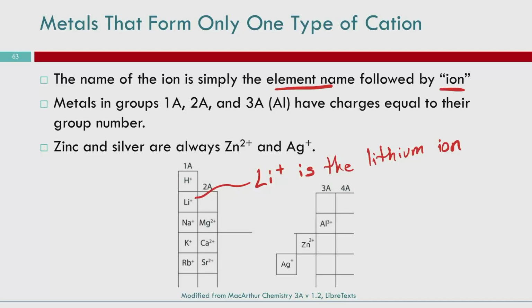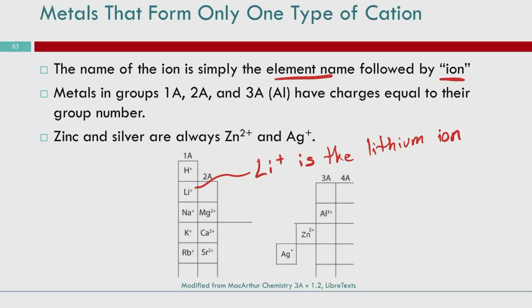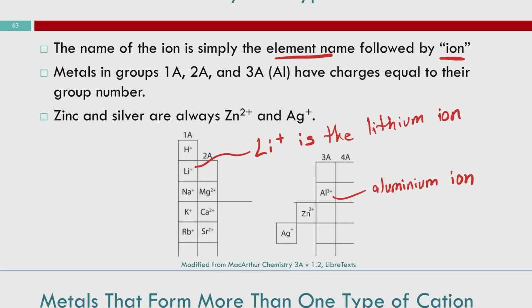So just the name of the thing, add ion at the end. Al3+, aluminium ion. If we've got any Brits in the house, I don't think we do. Zinc and silver, zinc ion, silver ion. Not too bad, right?